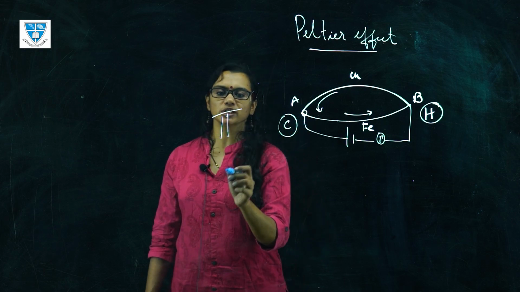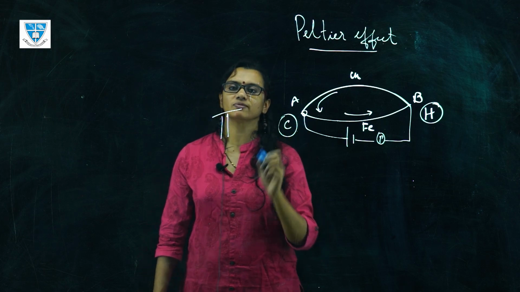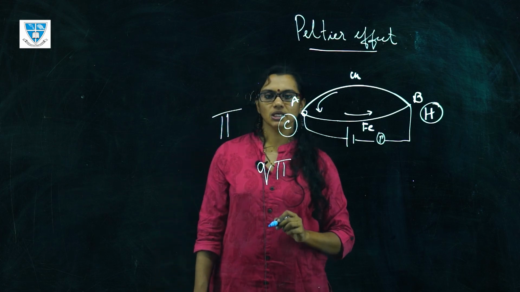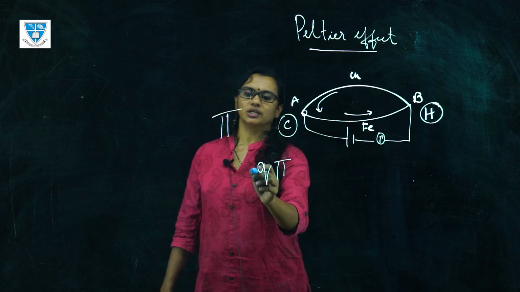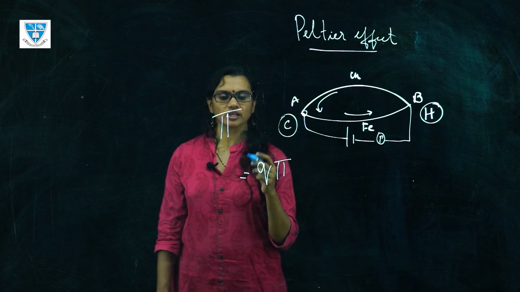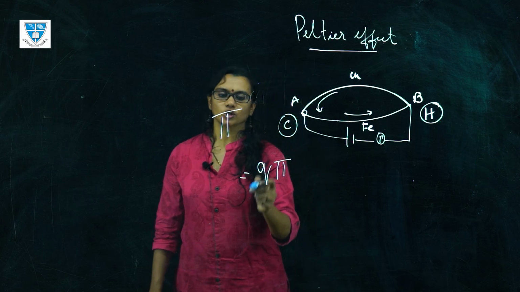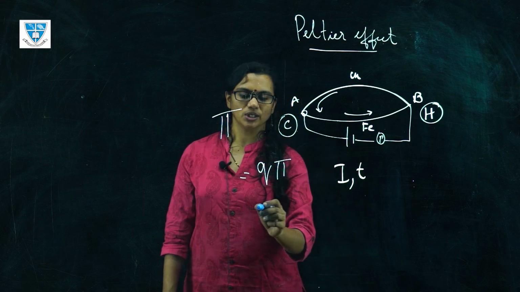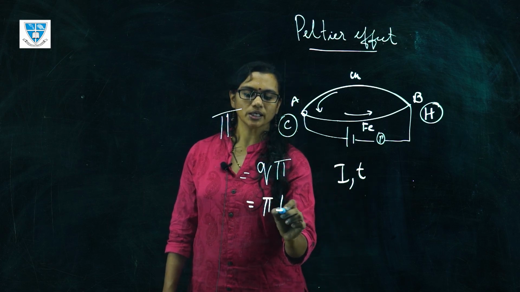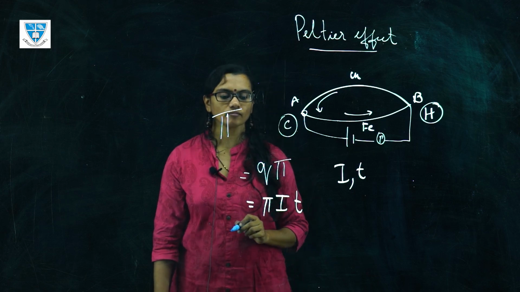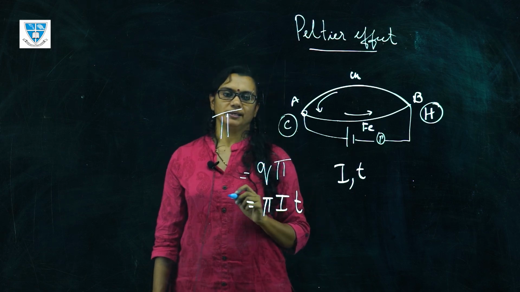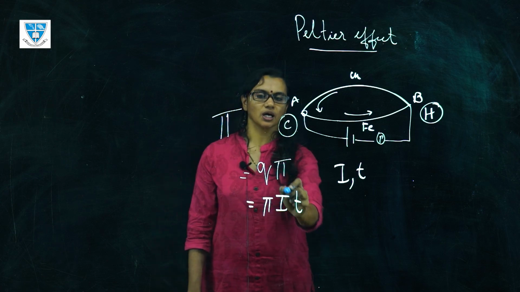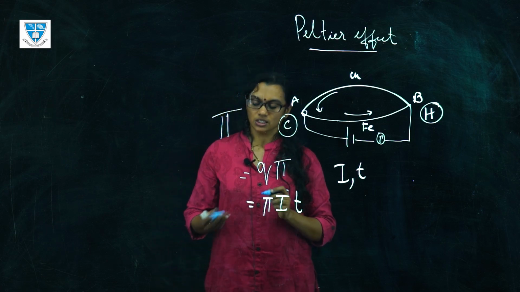So if Q charge flows through a particular junction, then Q into pi will be the amount of heat that is released or absorbed. What is Q? If I is the current flowing in time t, Q will be I into t. So the heat is pi into I into t, where t is the time, pi is known as the Peltier coefficient, and I is the current flowing through the circuit.